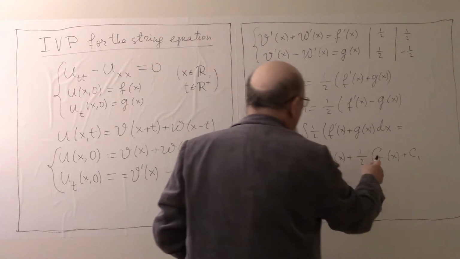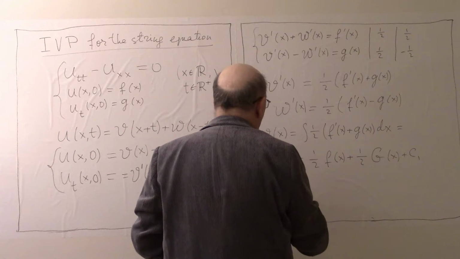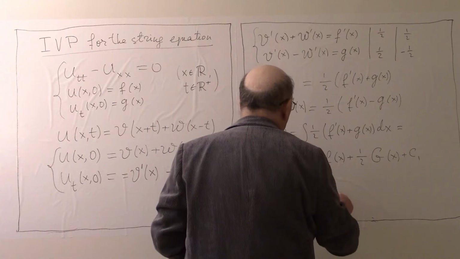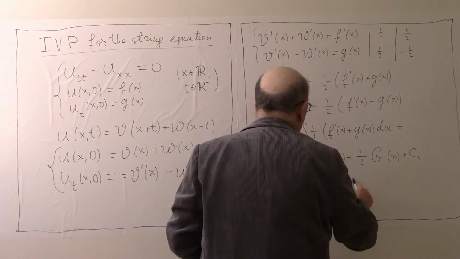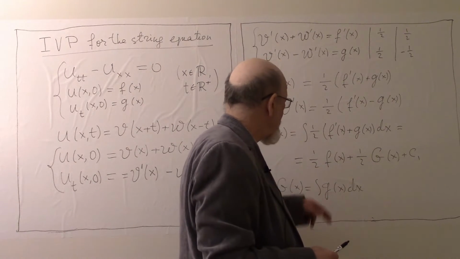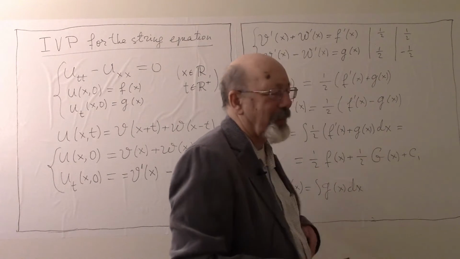So what is capital G of x? It equals the integral of g of x dx. It is a primitive function of small g of x.